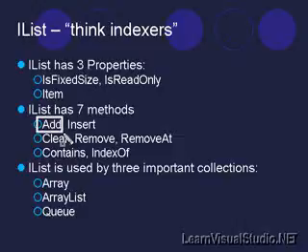So let's begin by taking a look at the iList interface, and our little motto for the iList is think indexers. And indexers, just to be clear on this, are the actual numerical values that allow us to iterate through the different items in the collection. So for example, if you have a collection of 3 items, you can access the second one by using the 1 element.